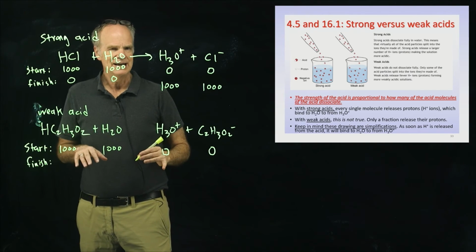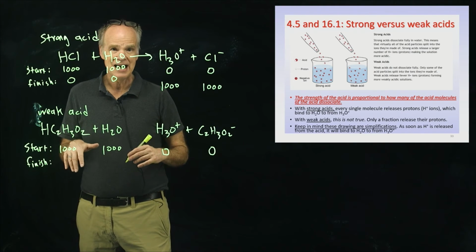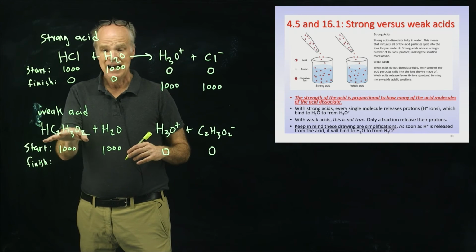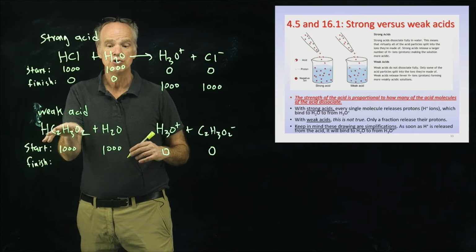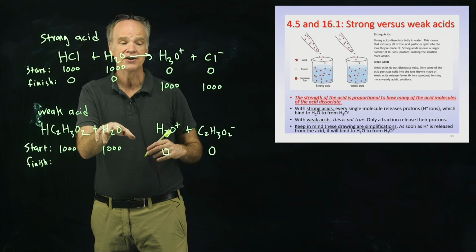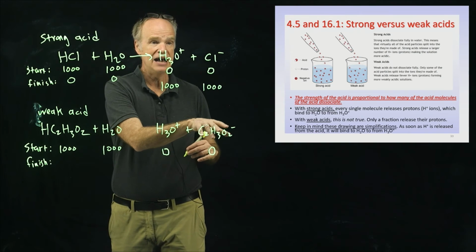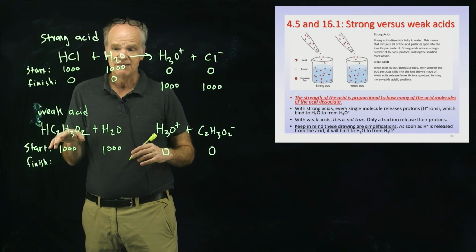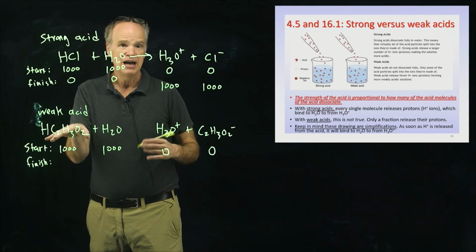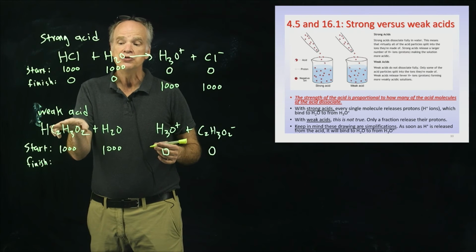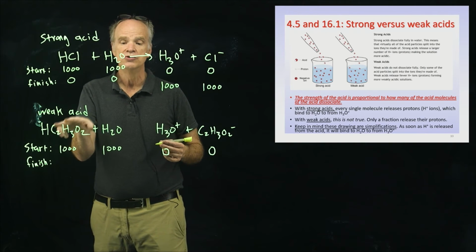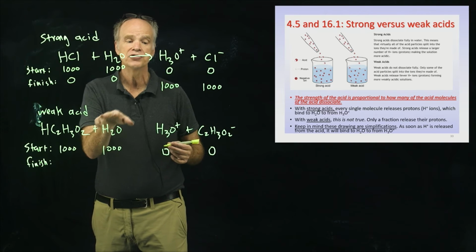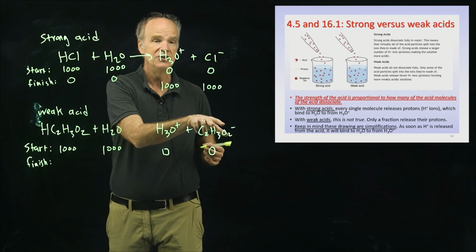Okay, you know with a weak acid, that is an acid where not all of the molecules will lose protons to water to form hydronium and acetate ion. And so in the example I gave earlier, I just suggested maybe out of 1,000 molecules, only 2 of these molecules will lose protons to 2 waters to form 2 hydroniums and 2 acetate ions.